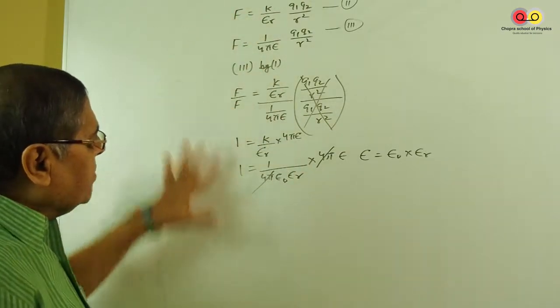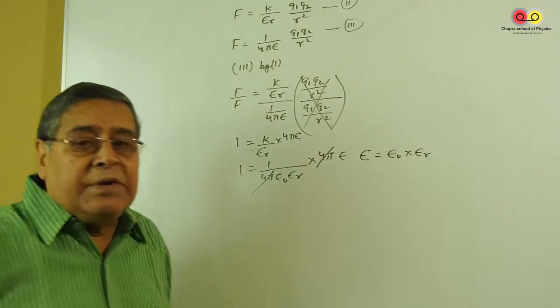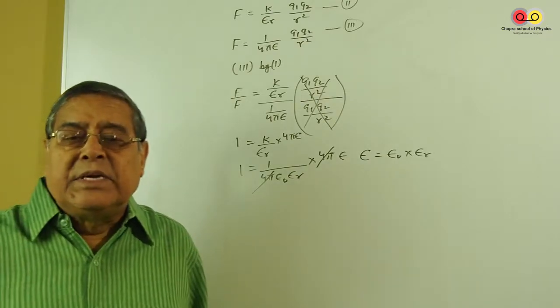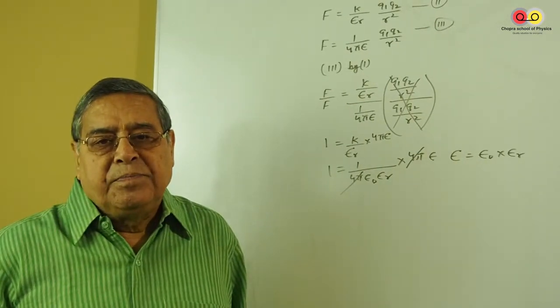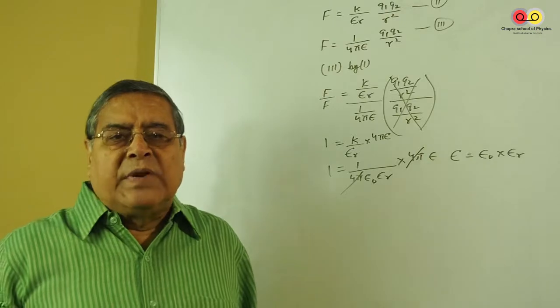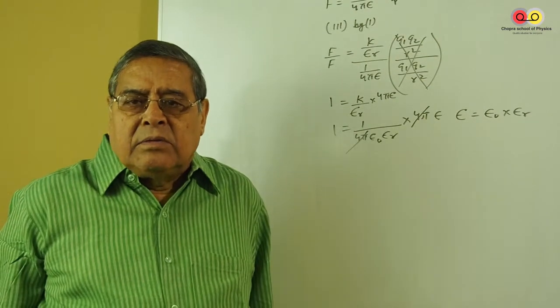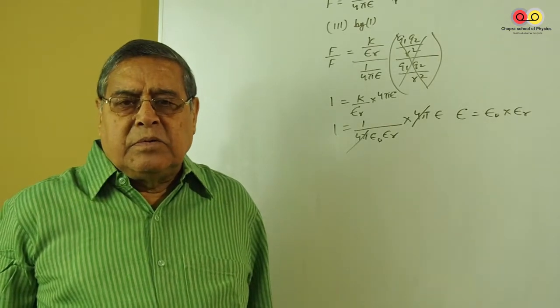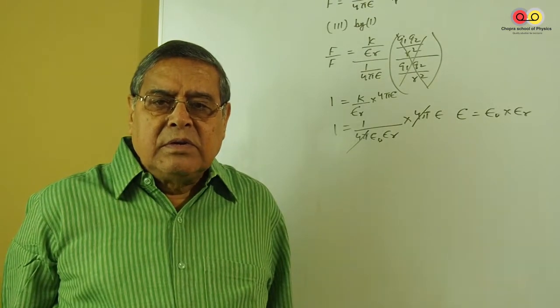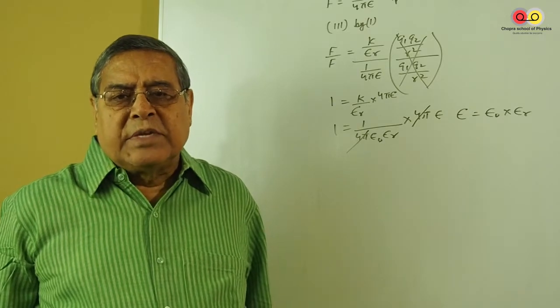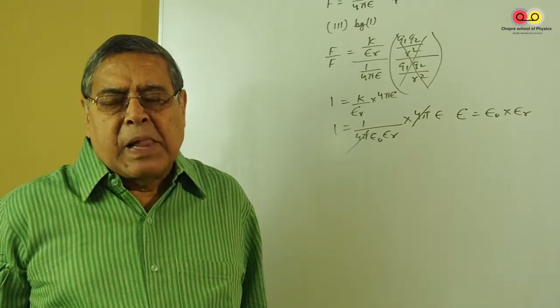Now you are aware of all these things. Now we come towards intensity of electric field. To understand it, first of all we must know the diagram, the symbolic representation and the definition.